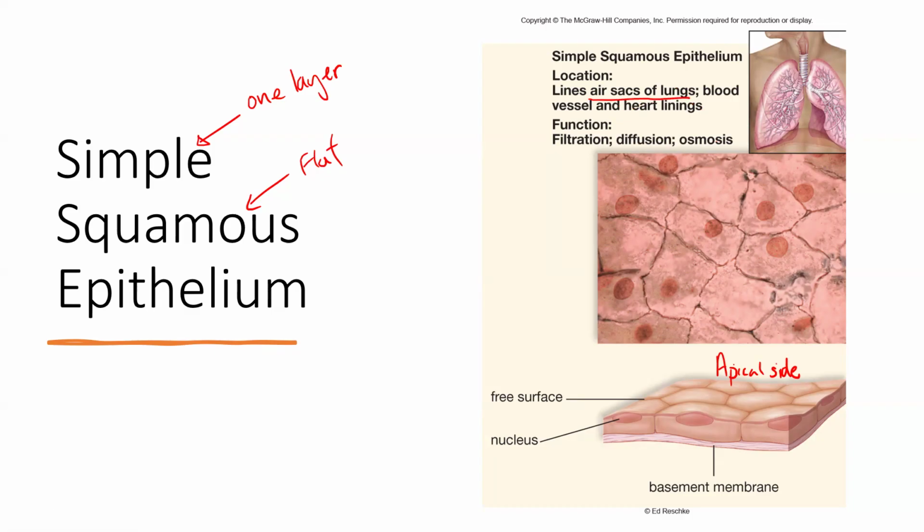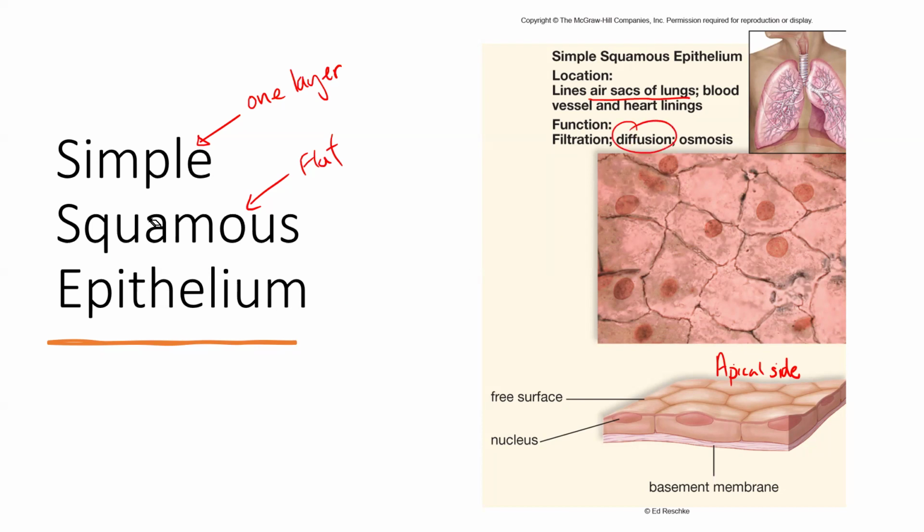In the lungs, there are little spherical structures where gas exchange happens. You get oxygen from the air you breathe in and remove carbon dioxide from the body. You want the oxygen and carbon dioxide to cross these barriers easily, right? You want diffusion to be able to happen.